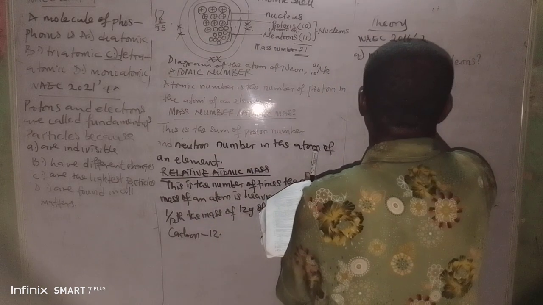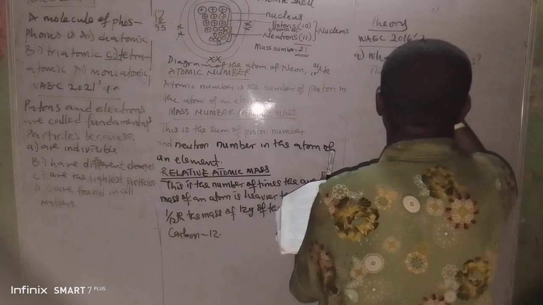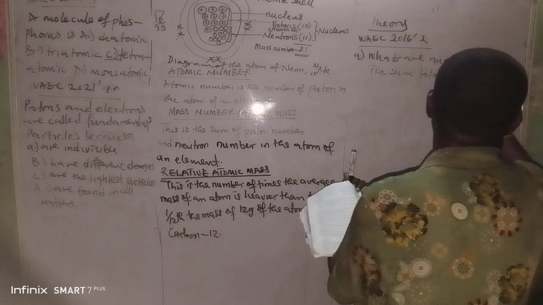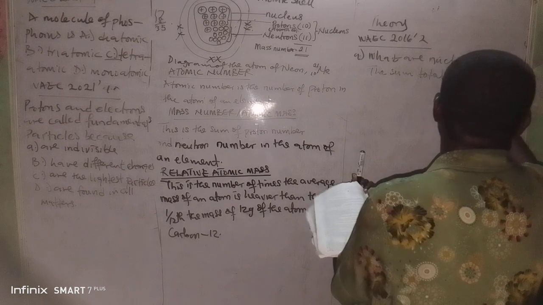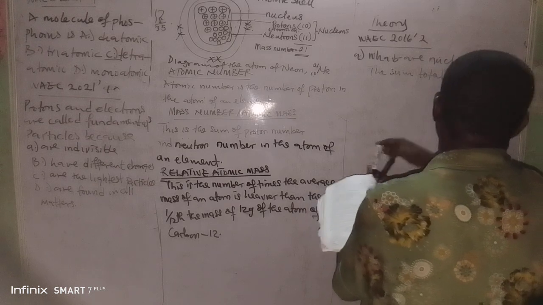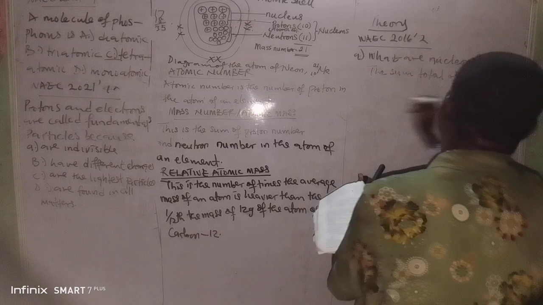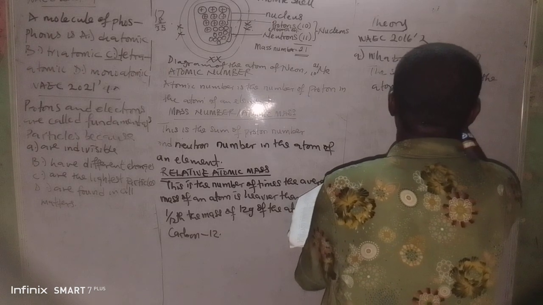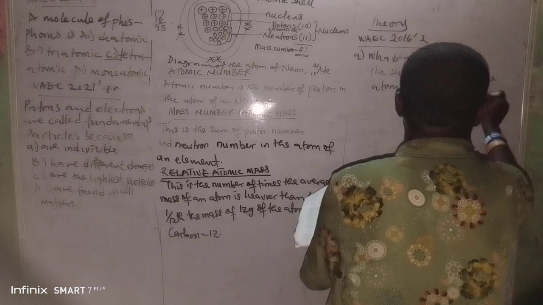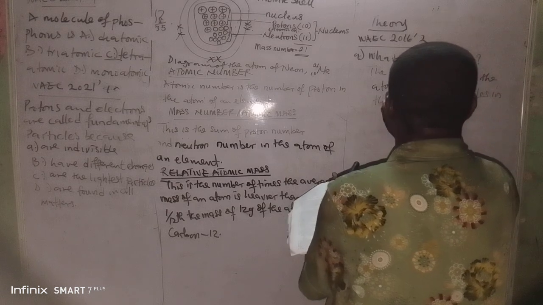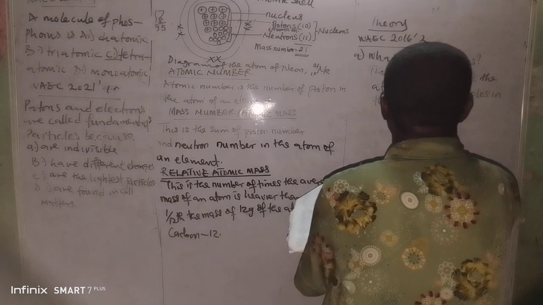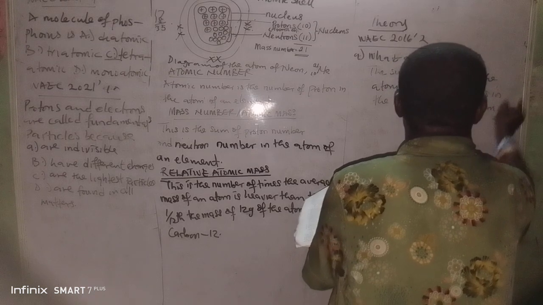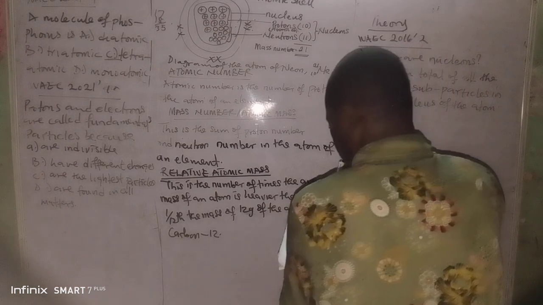So the sum total of all the atomic subparticles in the nucleus of the atom is what we call nucleon.